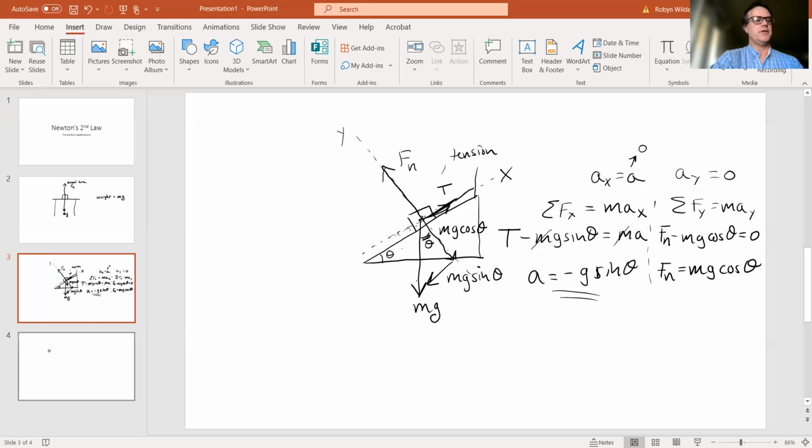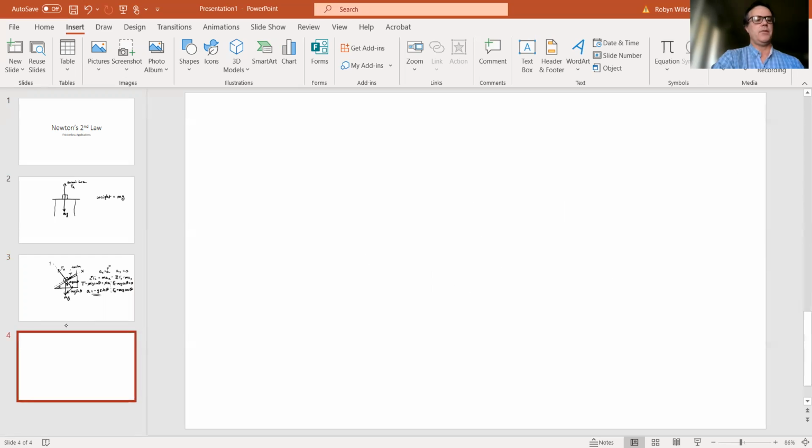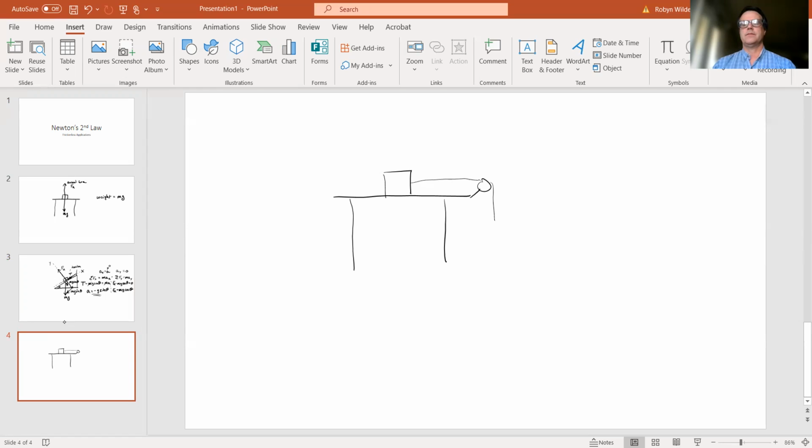So the next thing I want to do is look at tension in a couple of other situations where the objects are accelerating. And this often happens if we have two objects connected together by a rope. So let's look at this situation, which occurs in the week 4 lab simulation activity.